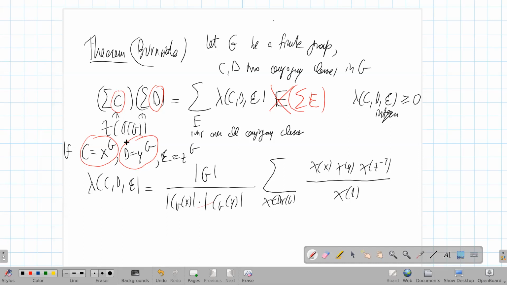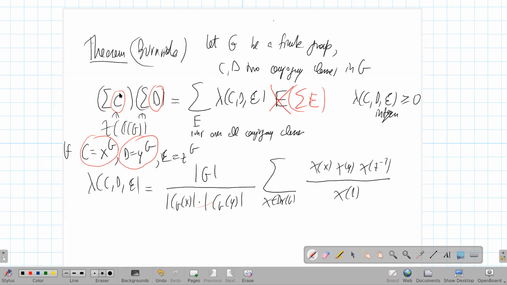But then we saw in an example, which we'll rework with this formula, that if you take the two non-trivial conjugacy classes in S3, say the class of 2-cycles and the class of 3-cycles, then their product is the class of 2-cycles, but this class appears twice.